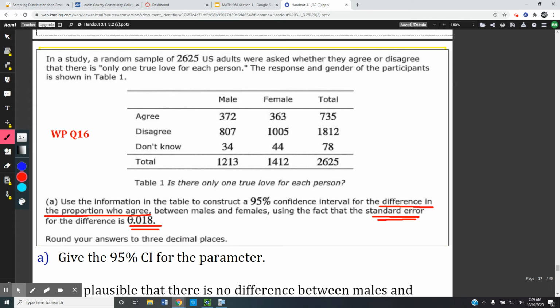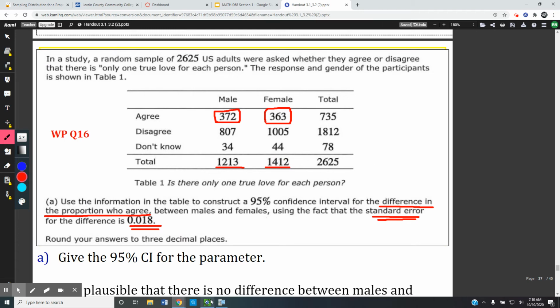Okay, so we have to do a little bit of calculating here. First of all, we need agreement. So we need the males who agree right here, and we need the females who agree right here. That's going to be based out of their totals, because this is out of the males who agree and out of the females who agree.